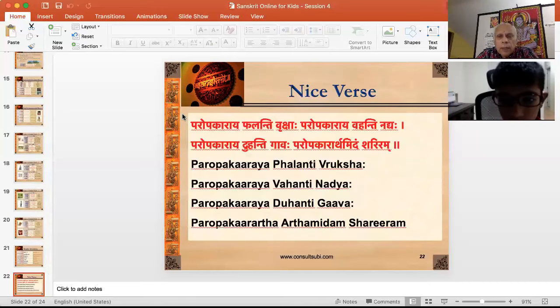Now let's see a very nice verse here. This is a beautiful verse which has a moral in it. Paropakaraya phalanti vrikshaha. Para upakaraya. Upakara means helping others.